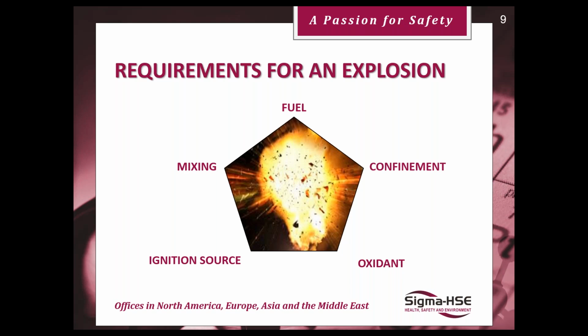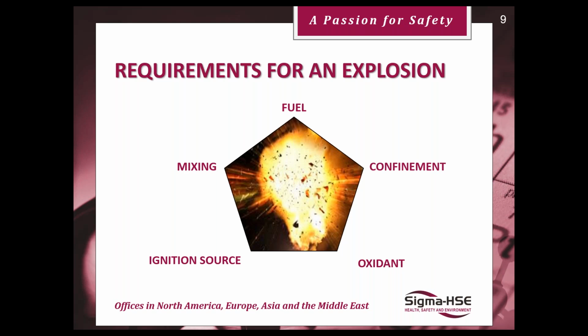Okay? And that's really what a lot of the regulations out there in the world are trying to do: make it safe, so that you as a human aren't impacted by fire and explosion, primarily by trying to prevent the combustion reaction in the first place.